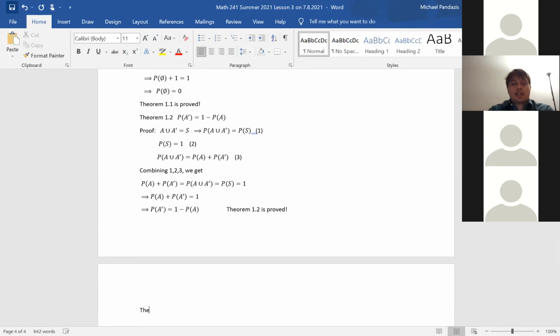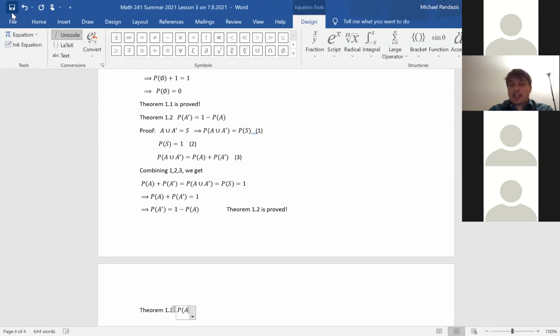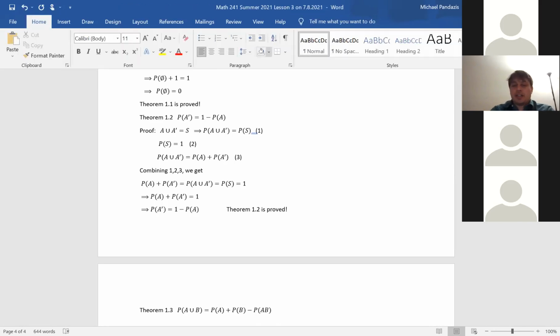No. So the next theorem is theorem 1.3, which is P of A union B is equal to P of A plus P of B minus P of A intersection B, which we're going to write AB here to help you get used to the notation, right?